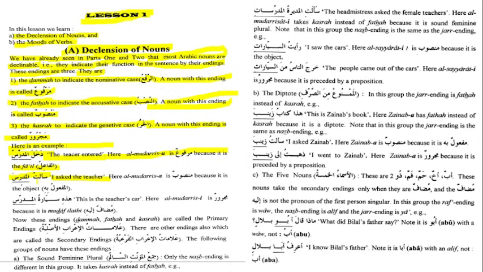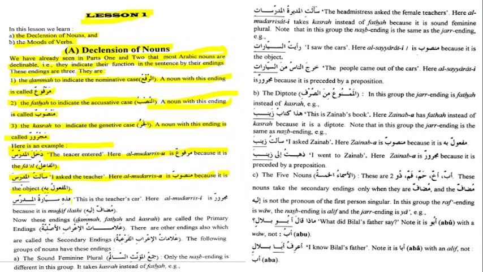So you say tu في محل رفع فاعل, and المدرسة in this case is the مفعول به منصوب بفتح. Here المدرس is منصوب because it is the object, the maf'ulun bihi, al-maf'ulu bihi.